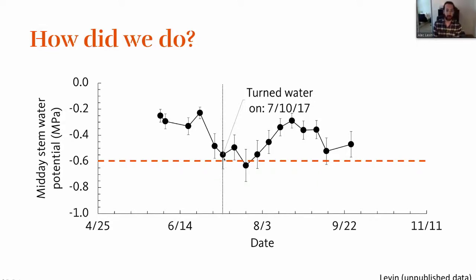That was a week after our checkbook method said that we should do it. So we did pretty good. It was remarkable to see how well, in this case, the checkbook method lined up with the water status threshold we were using, which is a published threshold for when you would want to start water.